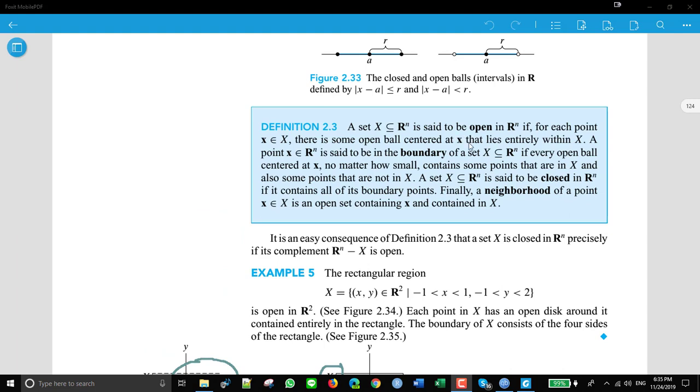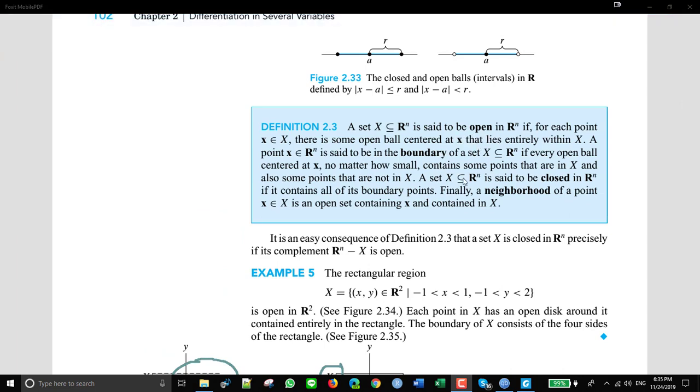Let's take a look at the definition now. We're going to define what we mean by a set being open in Rn. We're going to define what we mean by a set being closed in Rn. Okay, so let's read it.